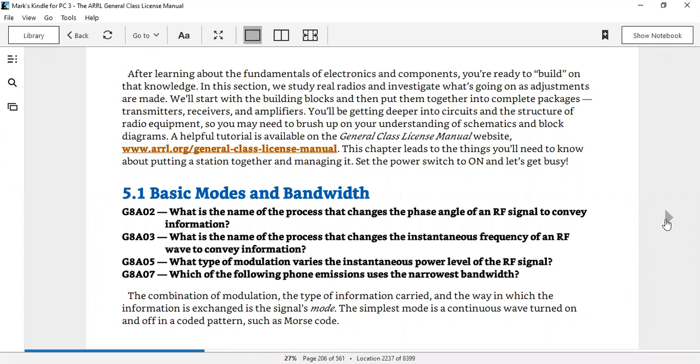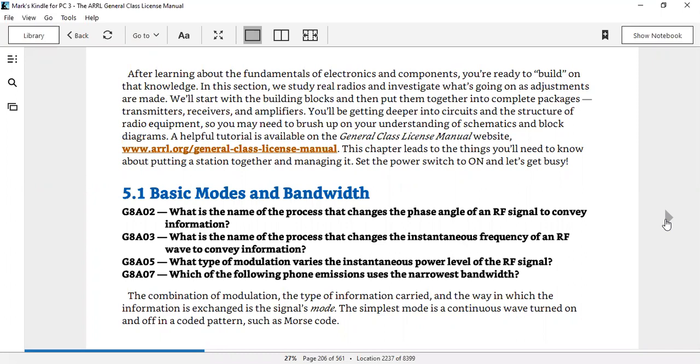So you're going to have a handful of basic modes as privileges as a General class. You're going to have continuous wave, which doesn't modulate at all. It just sends out the carrier on whatever that frequency is, and it is a sine wave.